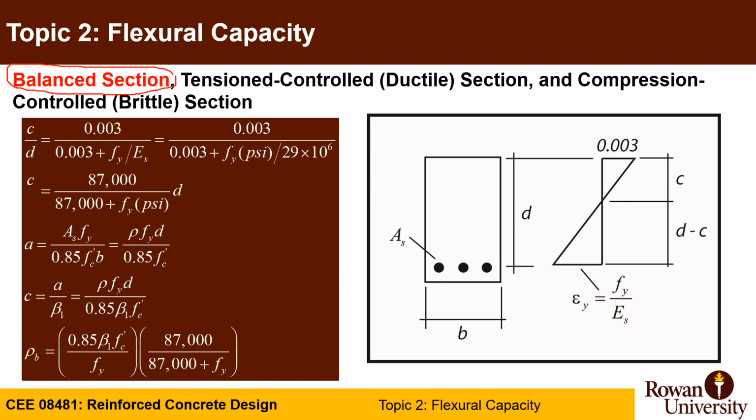So for the balance section, if you see the strain diagram, you reach the crushing at 0.03 at the same moment steel yields. So you put here epsilon yield, F yield divided by epsilon s, you have those distances, or those strains, and you also have D, you can easily calculate C at balance. C balance divided by D will equal 0.03 divided by the summation 0.03 plus epsilon yield.